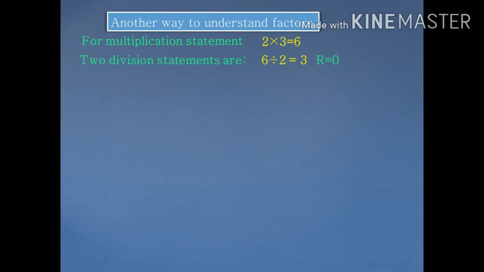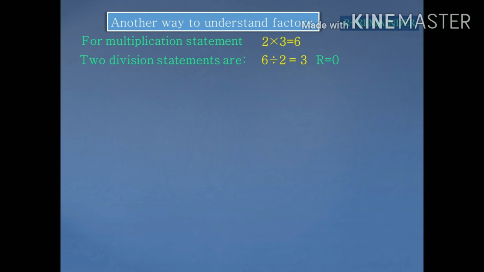Another way to understand factors. For the multiplication statement 2 into 3 is equal to 6, there are two division statements, like 6 divided by 2 is equal to 3, where r is equal to 0.